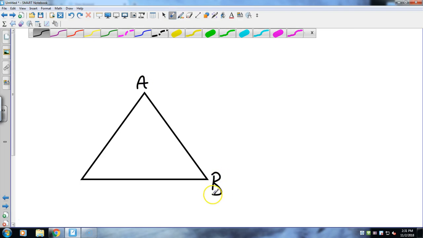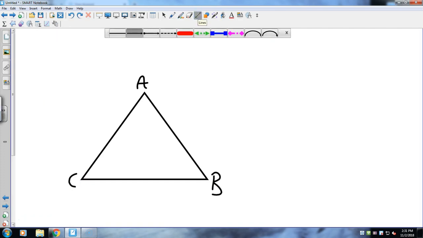So there's A, B, C. Obviously the easiest one is going to be from vertex A. So I'm going to go ahead and draw that one. It's just going to come straight down. If I can get a good, I still don't even like that. There we go.